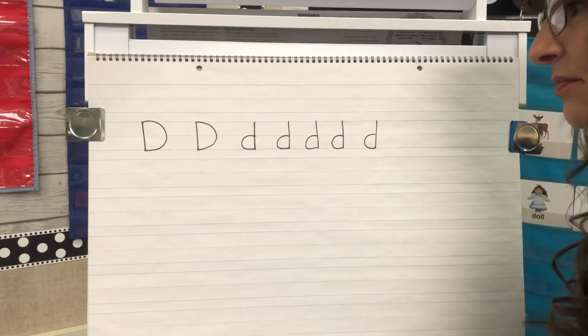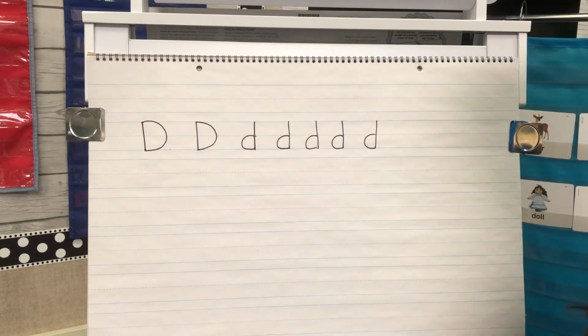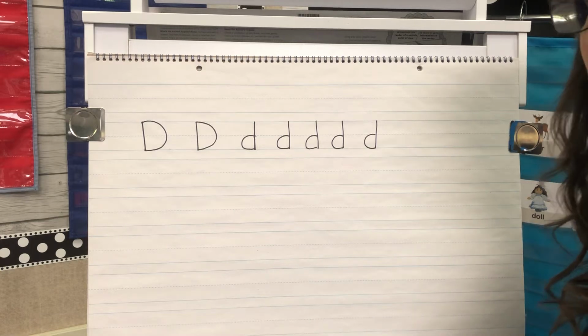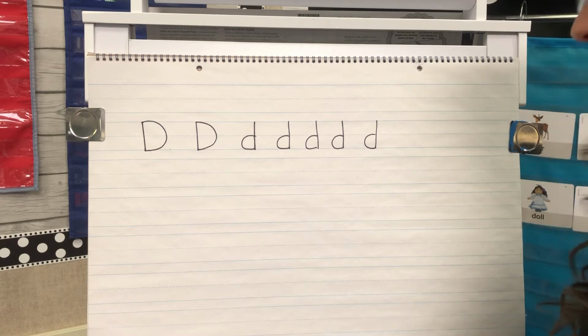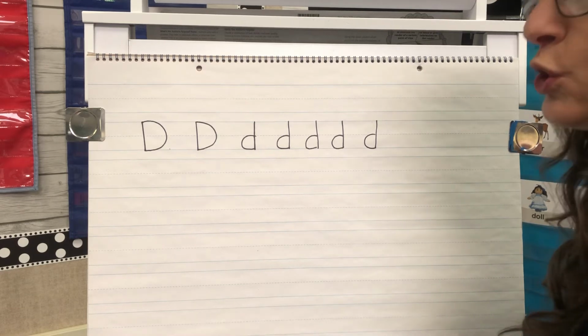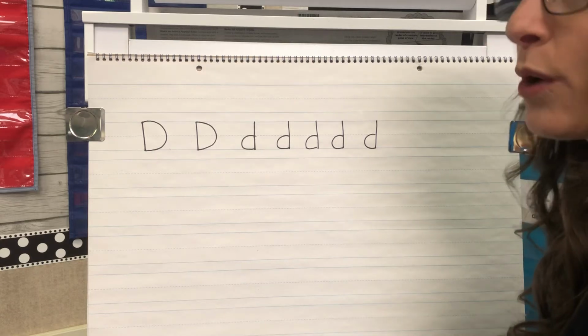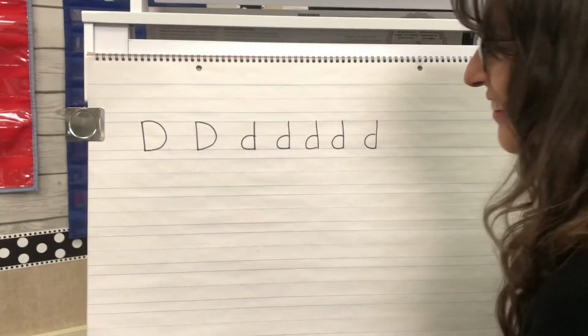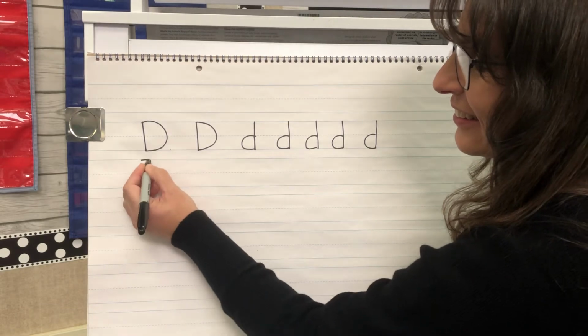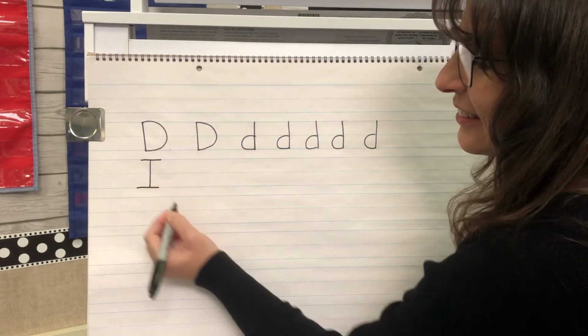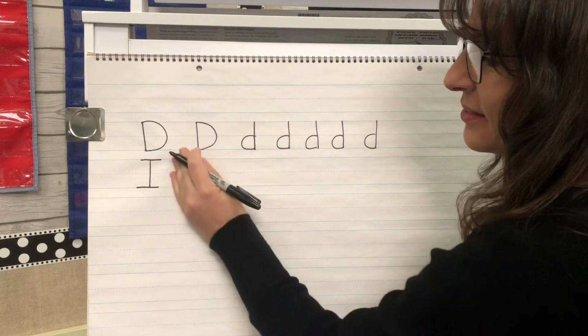All right, now we're going to write a sentence, and we're going to try to use the word to and the word do. Let's see, how about I like to do my work? I, make a space.